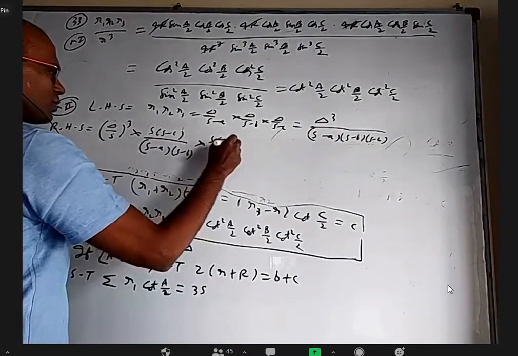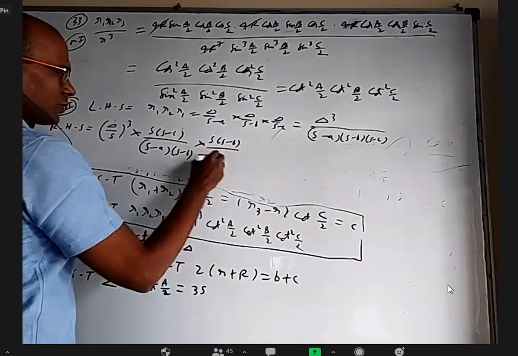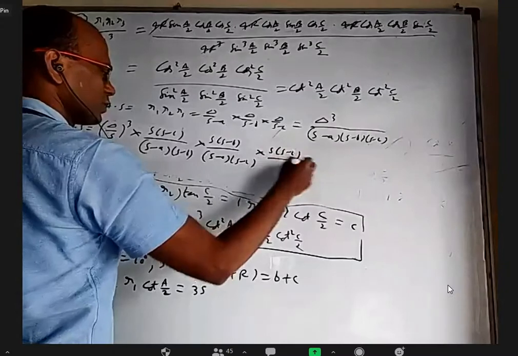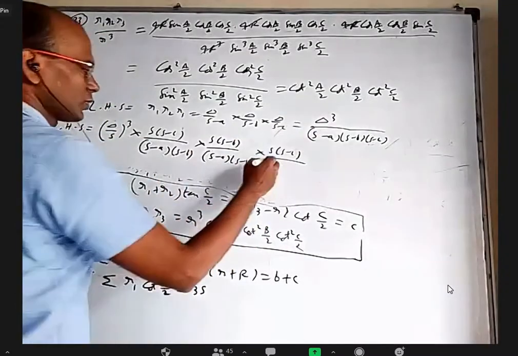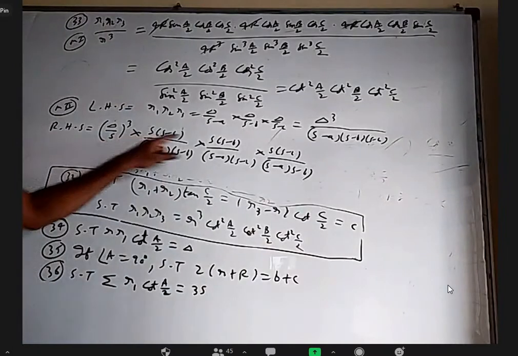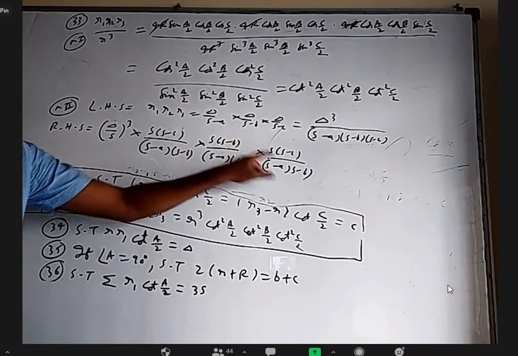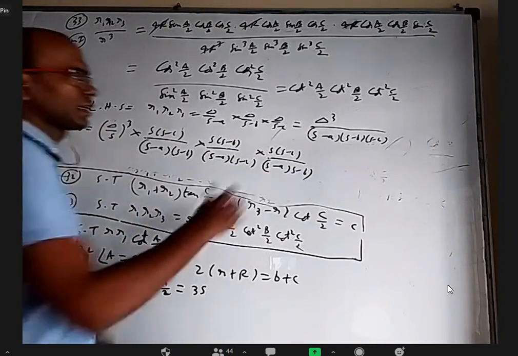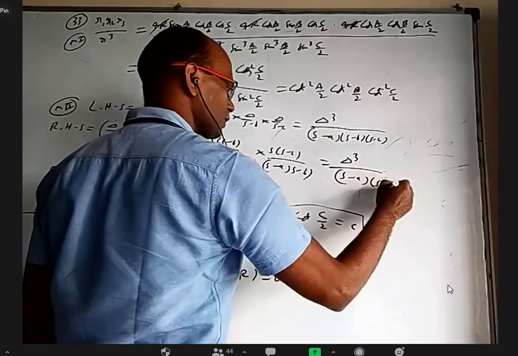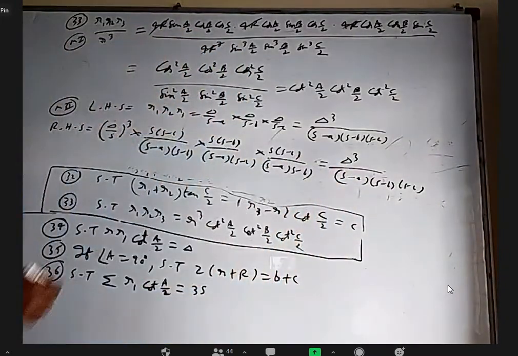This is S into S minus B by S minus A into S minus C. S into S minus, directly everything cancel, we are getting it, both are same. S minus A into S minus B. This S cube will cancel with all the 3 S here. And one set of S minus A, S minus B, S minus C will cancel. We'll be left with delta cube by S minus A into S minus B into S minus C. So very neatly LHS equal to RHS.